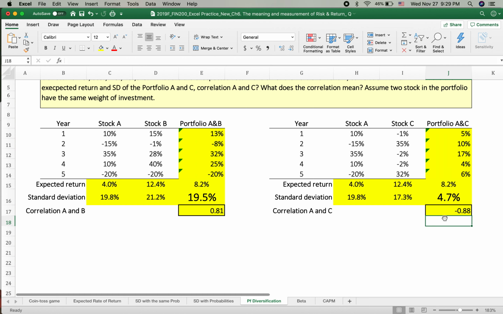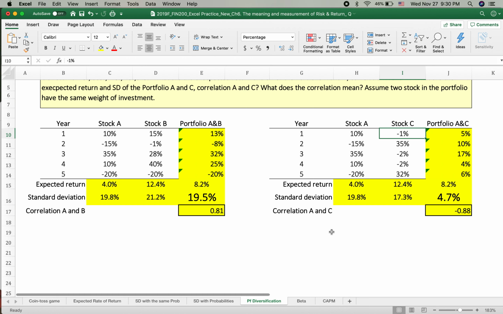The total opposite, like this stock A and C. If the correlation of A and C is negative 1, that means they are moving in totally opposite ways with the same level, right? But in this case, they are not. But anyway, the more negative the correlation between the stocks, the more the portfolio's standard deviation can be reduced. Okay, that is one way to control the risk of a portfolio.